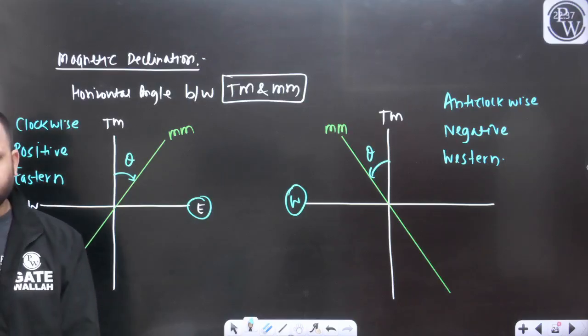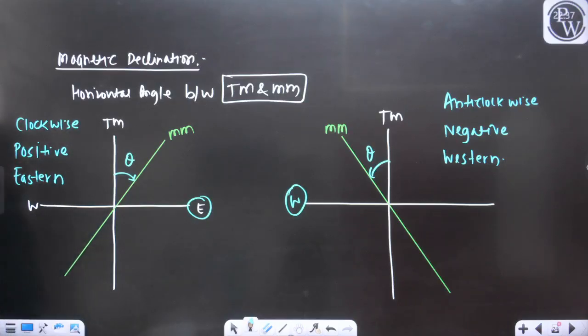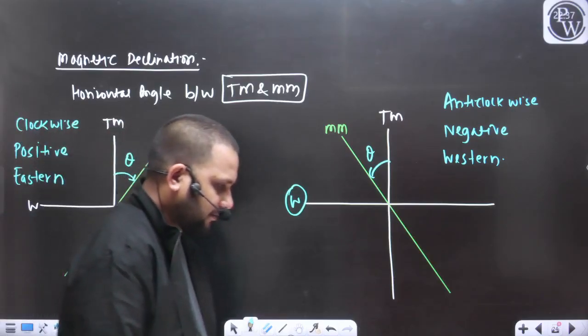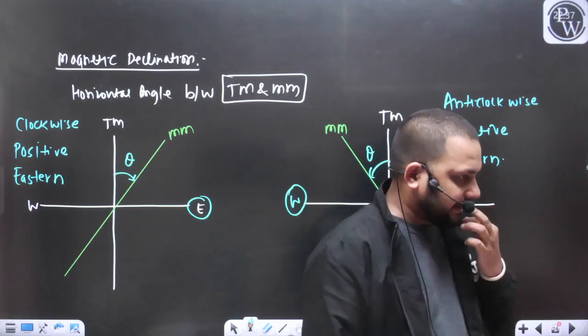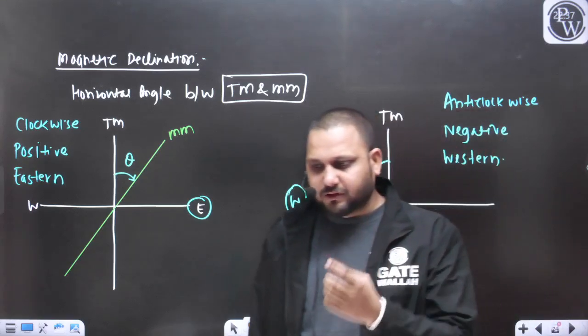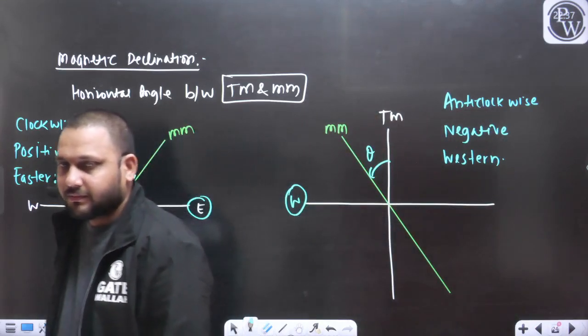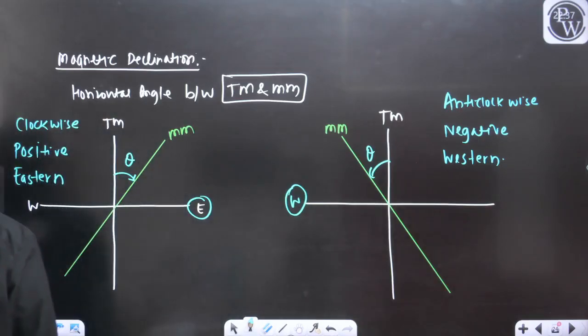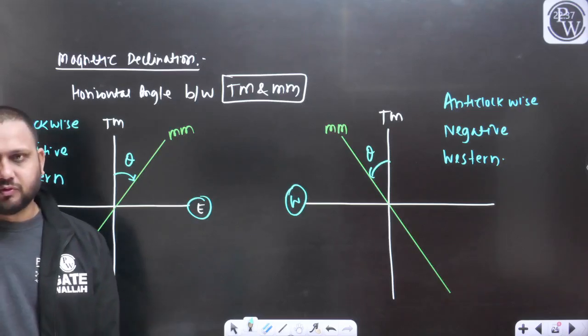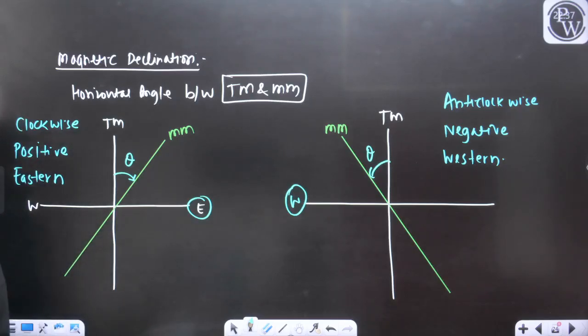So sir, from this topic, from this declination, which type of question can we get in the exam? This is my query.